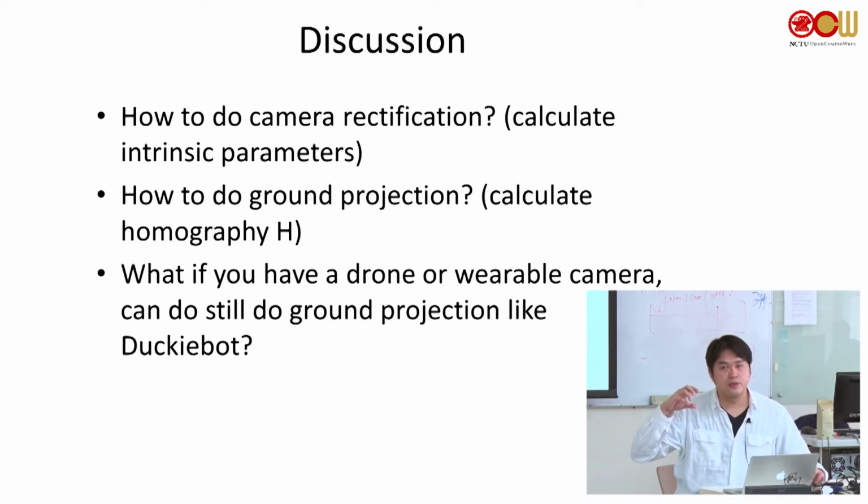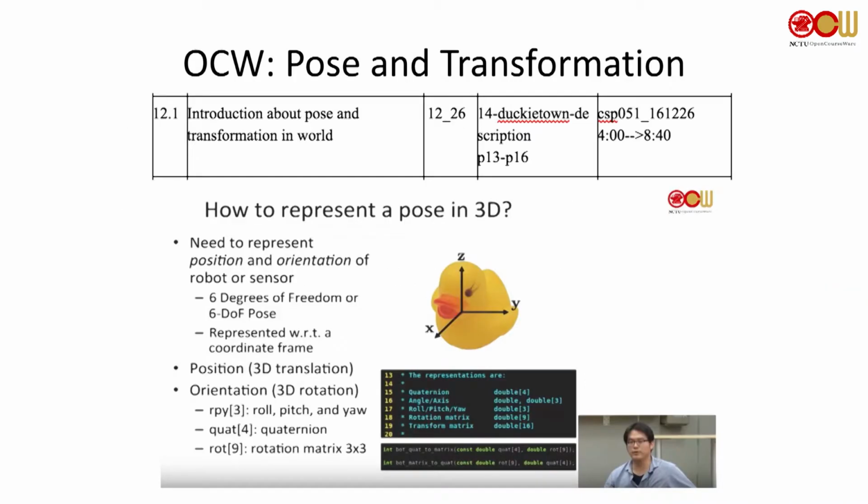And here is the question: what if you have a drone or a wearable camera? Can you still estimate the ground projection just with a pre-calculated matrix? I will introduce a little bit more on those. I have done something like this before, and I'm very excited to share.